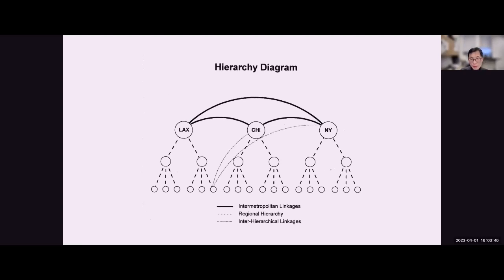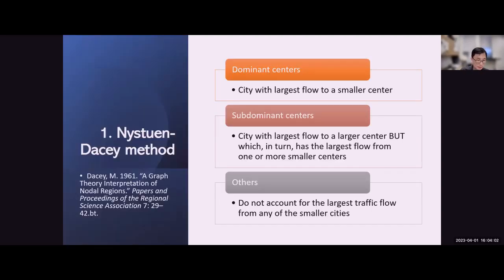And how do we define those hierarchies? In much of the literature, the first tier cities are called dominant centers, the second tier is the subdominant, and the rest we just call the others.